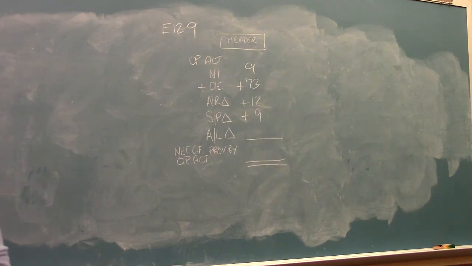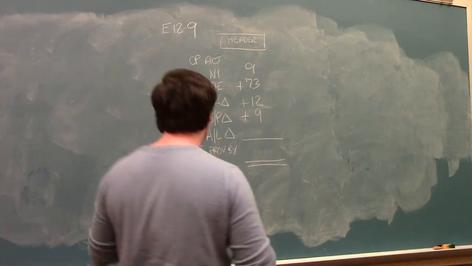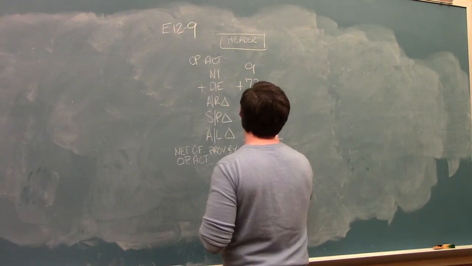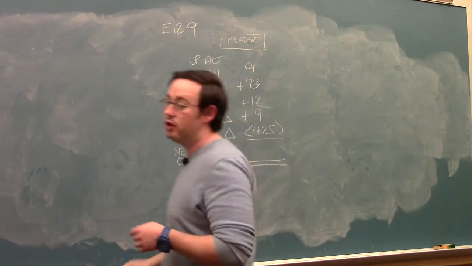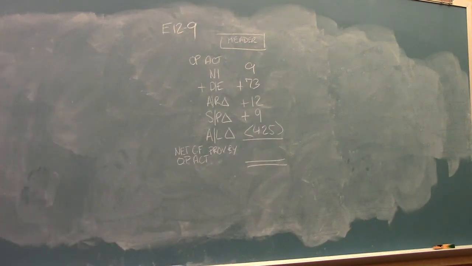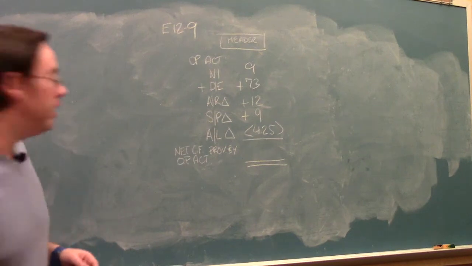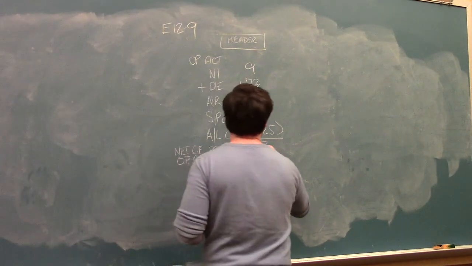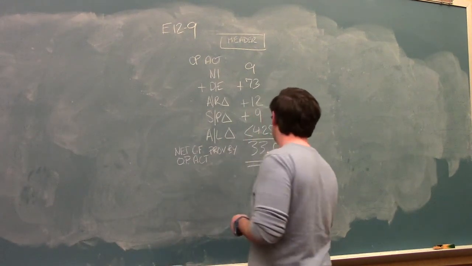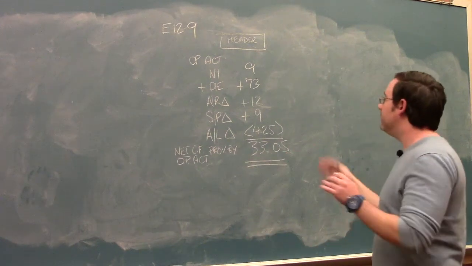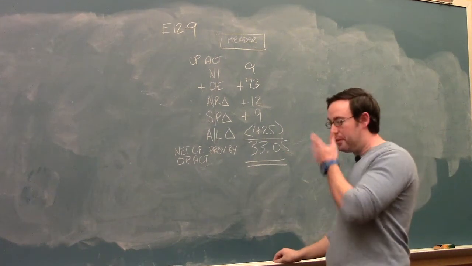That again is a current liability, so we go the same direction and subtract out the 4.25. This should be all the data they give us, leaving us with an operating section change in cash of 33.05.